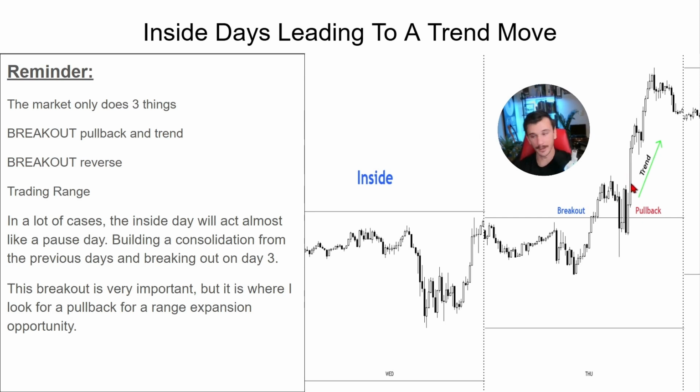That's more high probability. I'm not going to get whipsawed as much. I want to get in as it is exploding to the upside, not necessarily in consolidation. So I'm waiting to try and get on the right side of this V. So breakout, pullback, continuation.